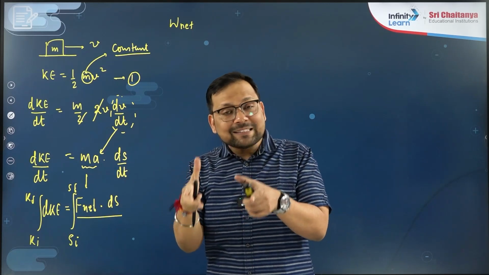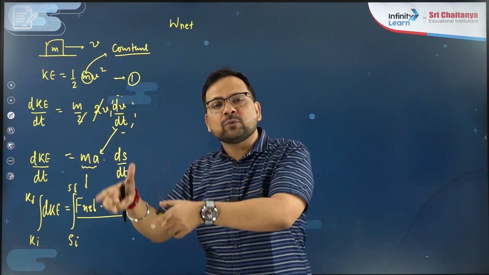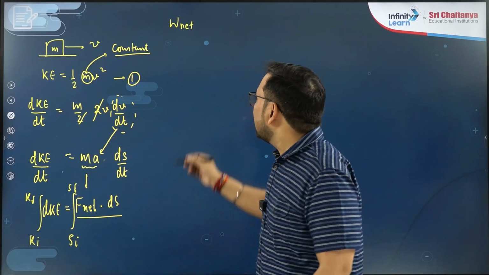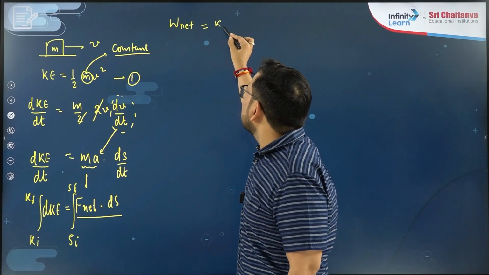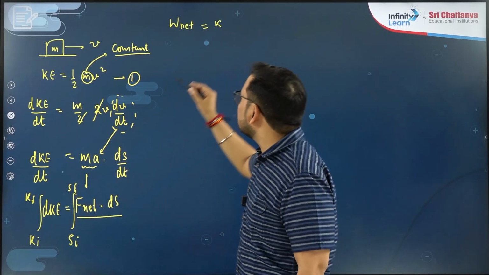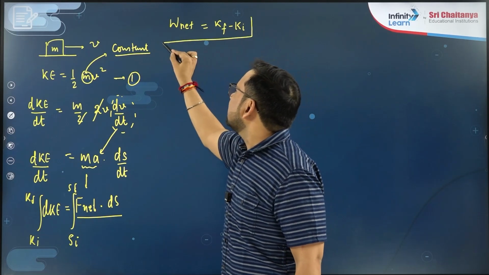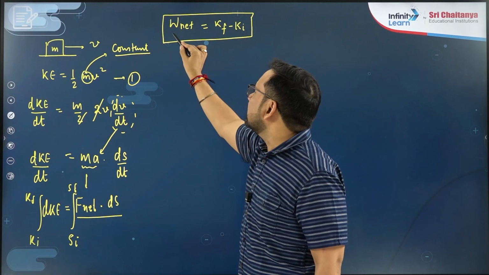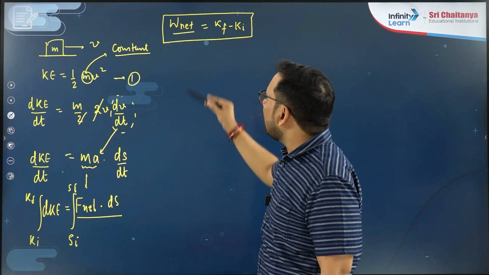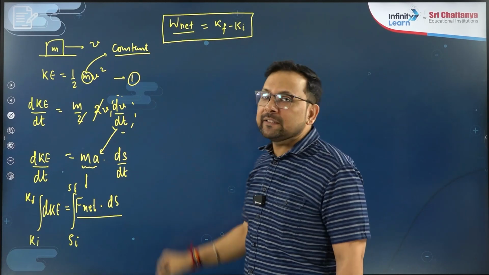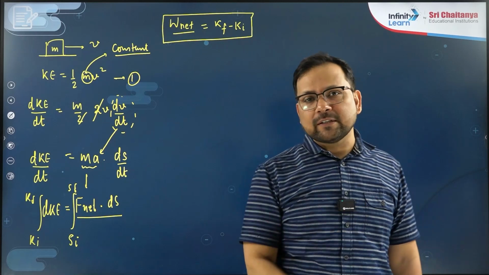Overall that numerical value will be equal to the change in kinetic energy. Upper limit here is Kf, lower limit is Ki, so we can write Kf minus Ki. Exactly, we got that work done due to net force, or work done due to all the forces, is equal to change in kinetic energy. That's the work energy theorem.